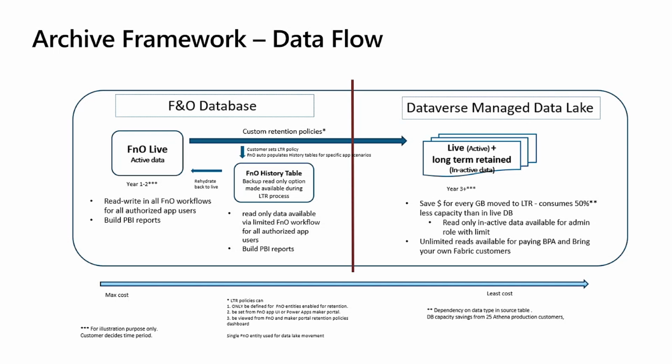So you see how the data flows from FNO Live to history, and then history to Microsoft Managed Lake. Why are we doing a history table? That's another question we normally get. One reason is that if you move data, say sales line, from the FNO table to history, and for any reason, maybe the business is complaining or something is not working, you want to reverse it, then with a history table within FNO there is a way to reverse the data back to your original table.